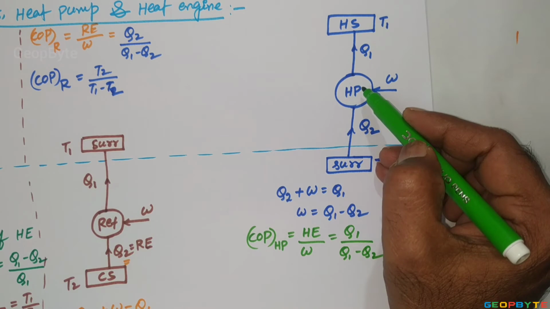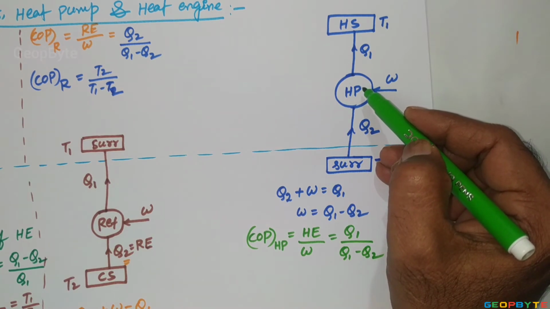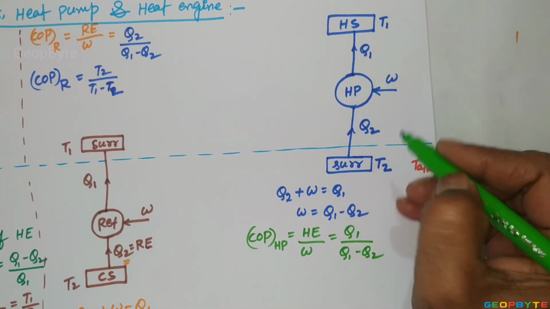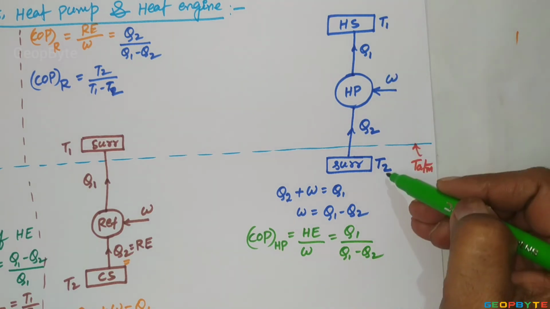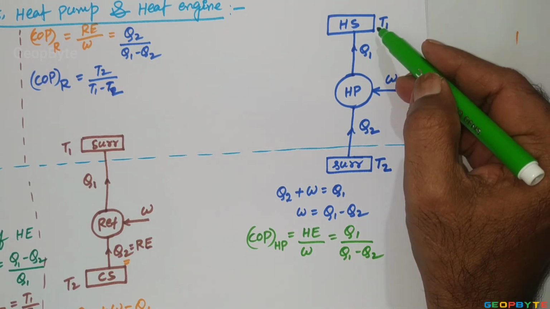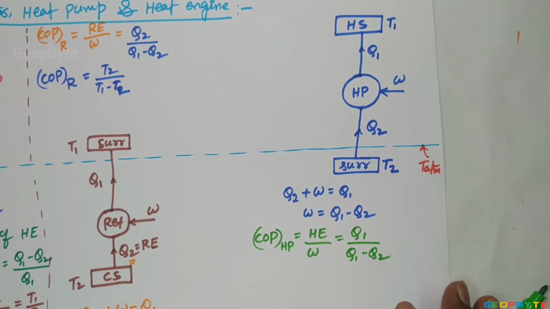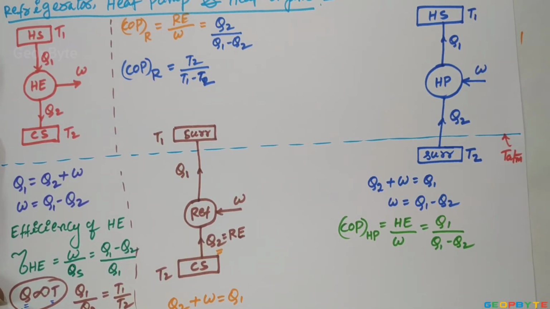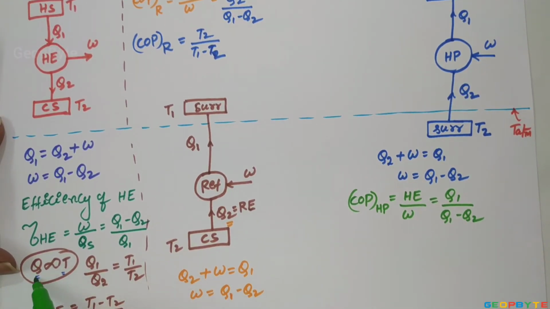Assume this heat pump is also working with all reversible processes, and that too between two temperature limits. For that kind of cycle, heat is proportional to temperature.